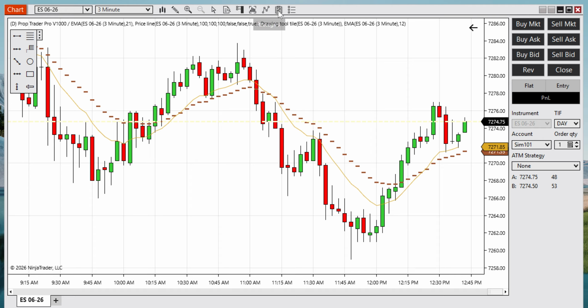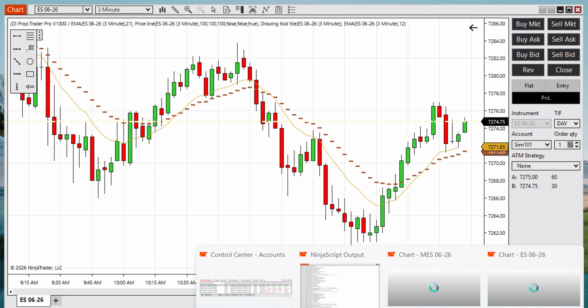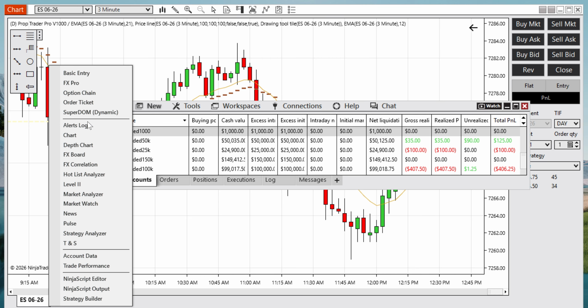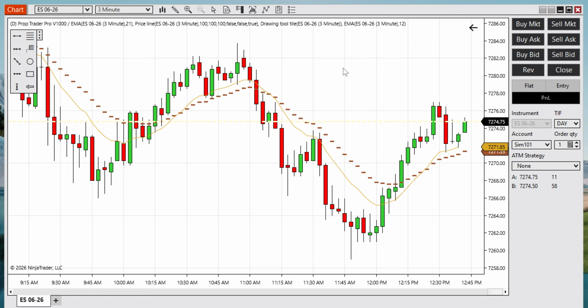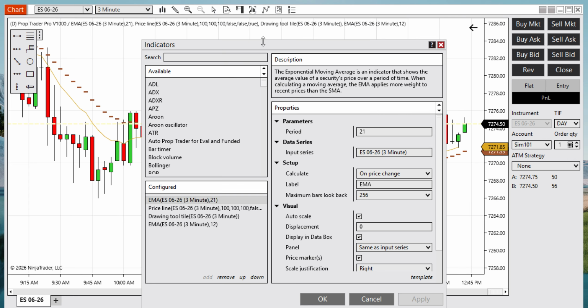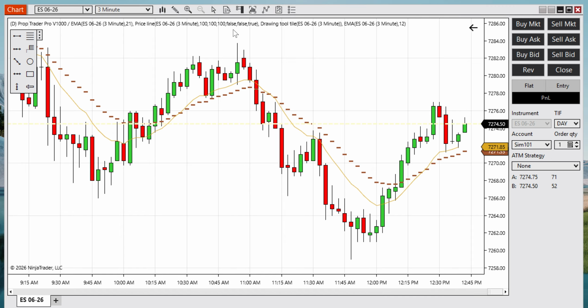So whenever you want to load a strategy, you open a chart, this is your chart, and then click here for loading a strategy, click here for loading the indicator, click here to select chart trader, off, on.